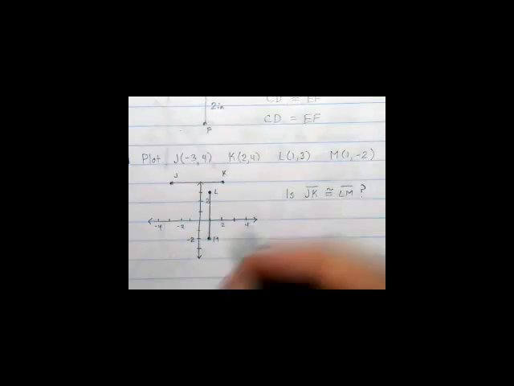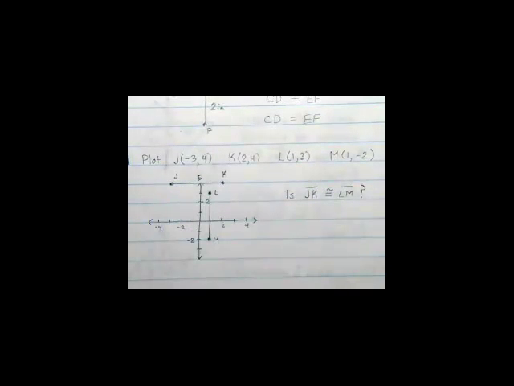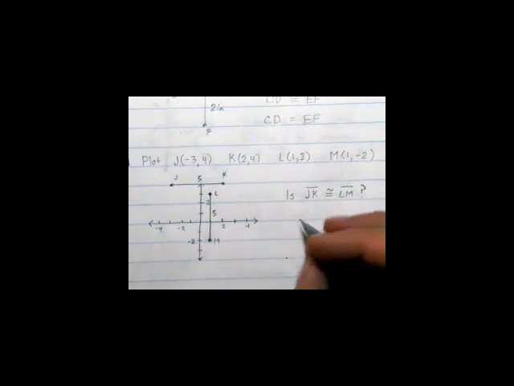What about LM? We can measure that as well. How long is LM? 5. Just count it up and down, right? Don't need to worry about what the numbers are. Just count the tick marks if you labeled it right. 1, 2, 3, 4, 5. So do we have congruent segments? Yep. That was easy.